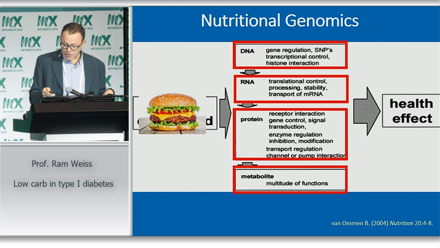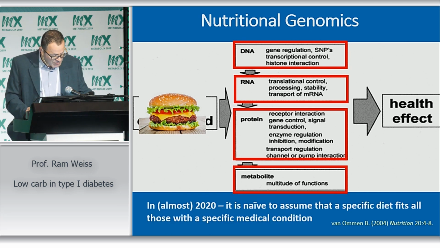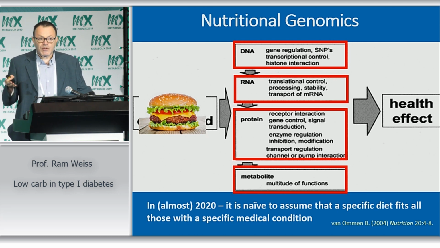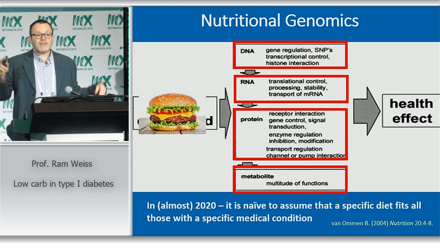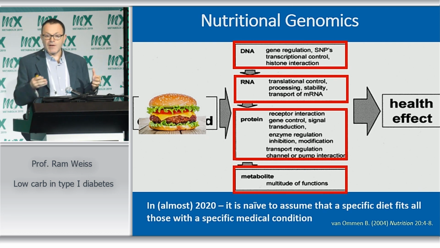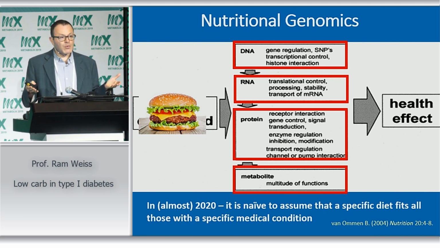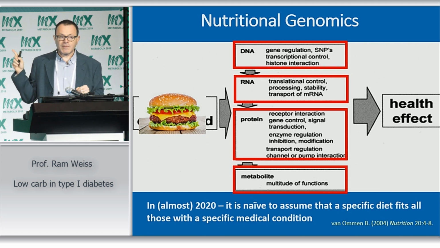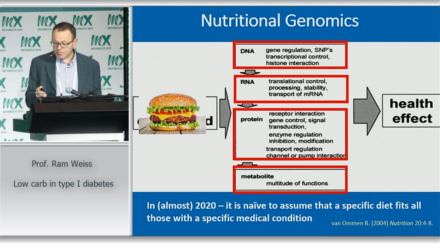In the 21st century, I would say we're almost in 2020. It's November. It's naive to assume that a specific diet fits all those with a specific medical condition. And naive is an understatement. It's practically wrong. You have to follow the patient, see the responses, see the results, see the risk factors, as you call them, see what happens, and suit the diet to the patient. The food is still the medicine, but it has to be tailored to the patients.